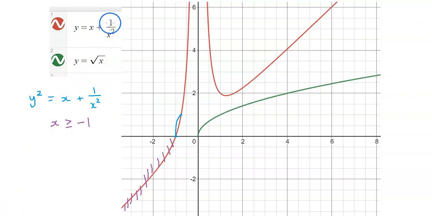Clearly we have a vertical asymptote at x equals 0, and so similarly we're going to have the same vertical asymptote in the y squared equals x plus 1 over x squared graph. It's just that all the blue y values are going to be less than all the red y values. Alright, so that gives us this kind of shape here.